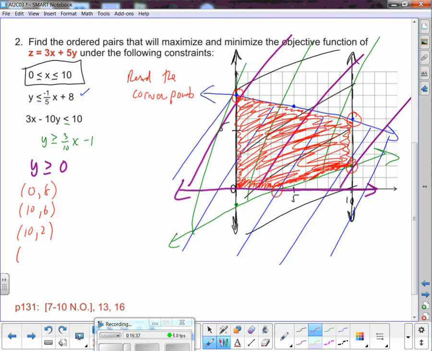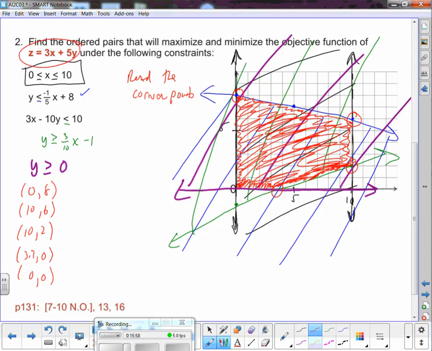Sounds good. And the y is definitely 0. And then we have the corner point of 0, 0. Okay, so we've got 5 corner points.